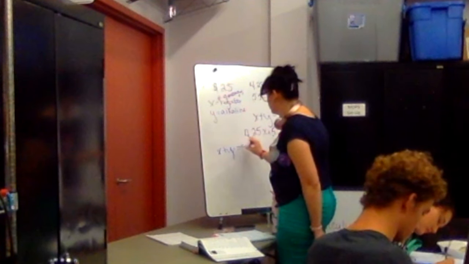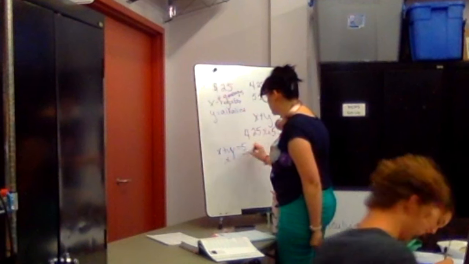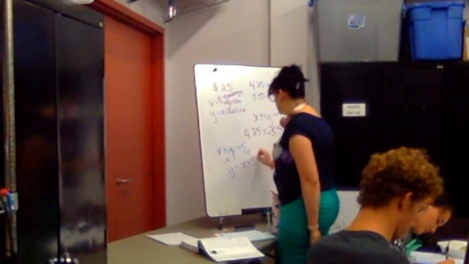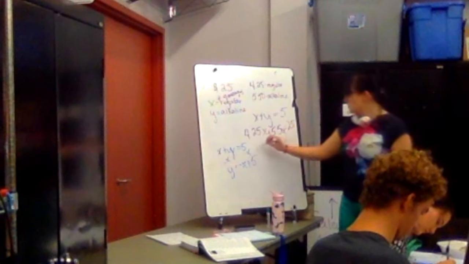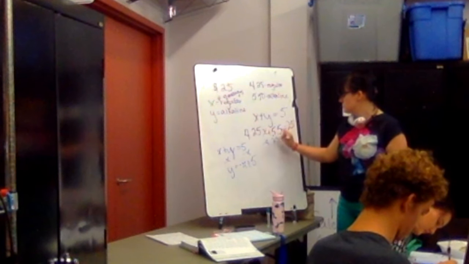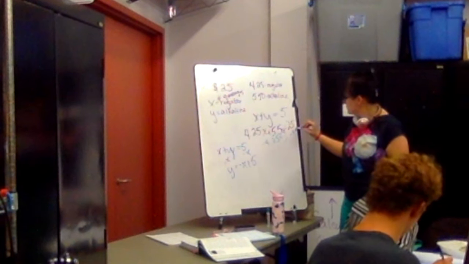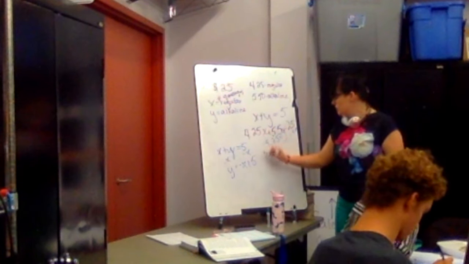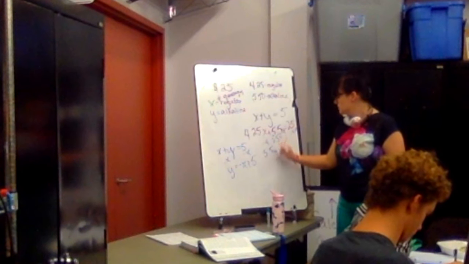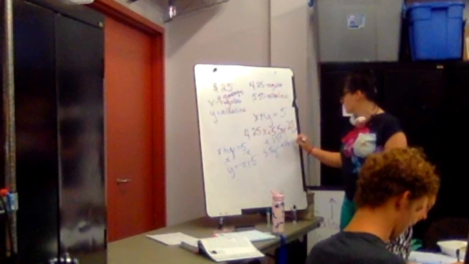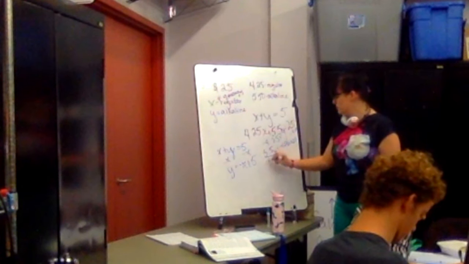X plus y equals 5, so subtract x from each side, and I get that y equals negative x plus 5. Subtract 4.25x from both sides over here, and I get that 5.5y equals negative 4.25x plus 25, and then divide by 5.5.